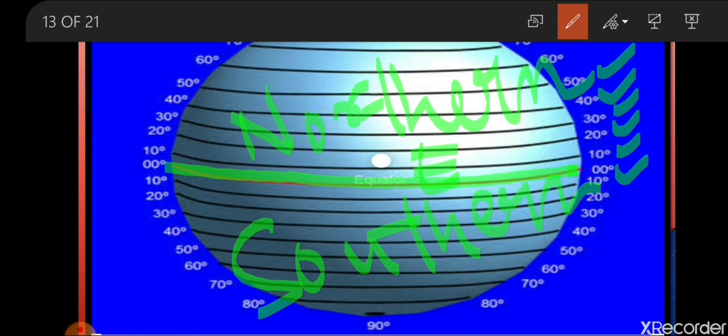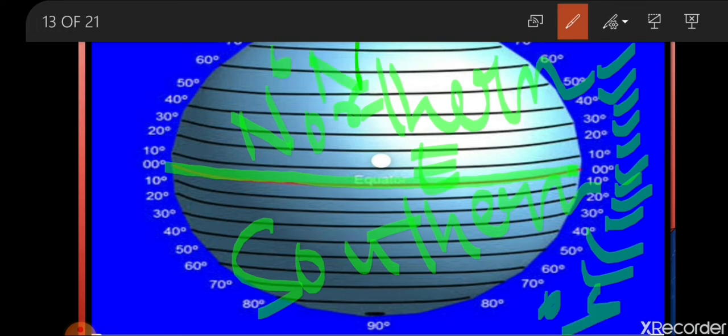As we come to the southern side, 10 degree south, 20 degree south, 30 degree south, 40 degree south, 50 degree south. So the points located in the north direction from the equator are considered degree north, and the points located on the southern side from the equator are considered degree south.